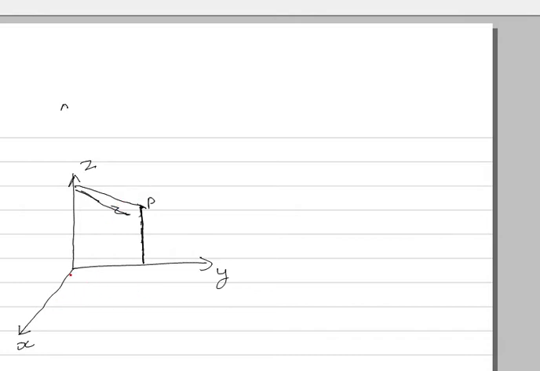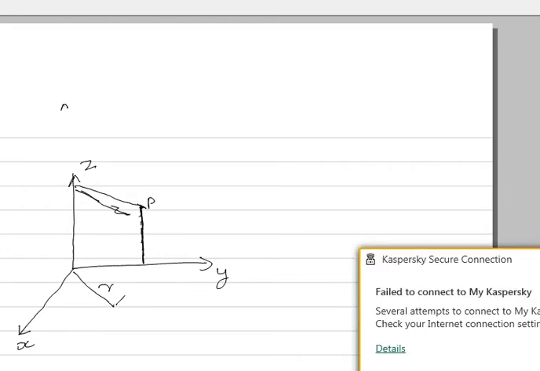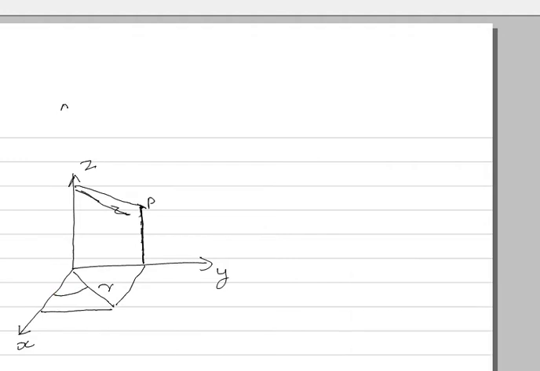Now this radius vector r connects to the axis, and we resolve the components of r. But before this, mention the angle between the x axis and the xy plane. This is phi.